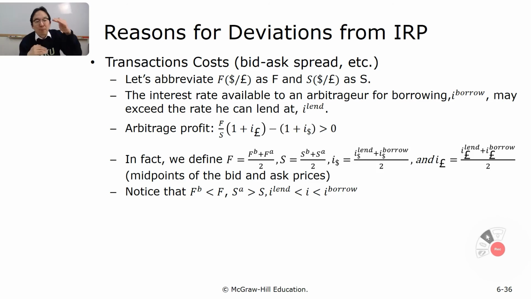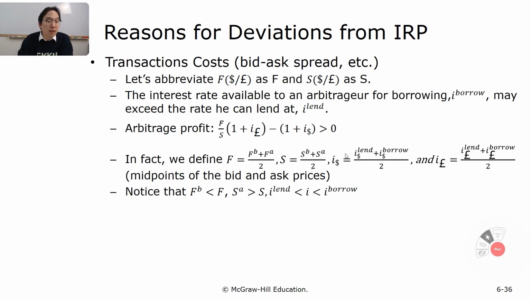So the midpoint of these two, bid price and ask price, that's F without any superscript. Spot rate, the same thing: bid price, ask price, mid price.